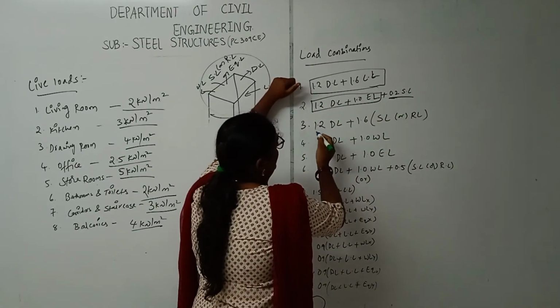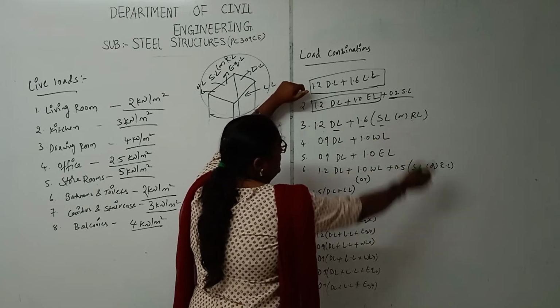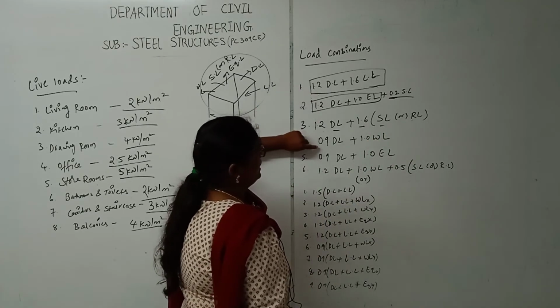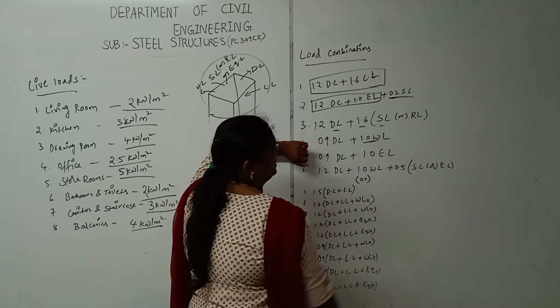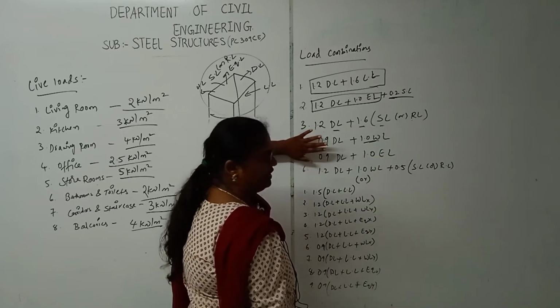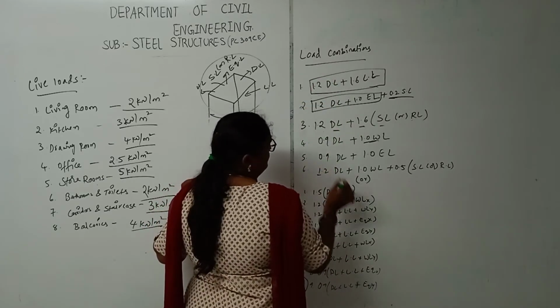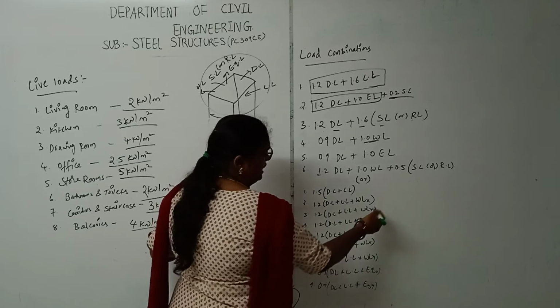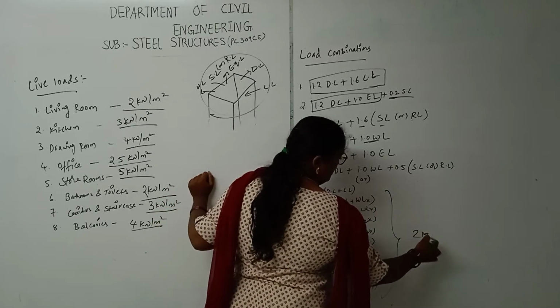Next one is 1.2 into dead load plus 1.6 into snow load or rain load. Then 0.9 into dead load plus 1.0 wind load. So kindly make a note of this combination of loads. This I will be asking you for 2 marks.